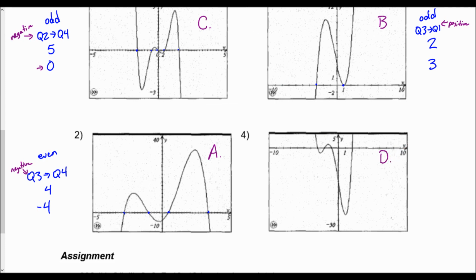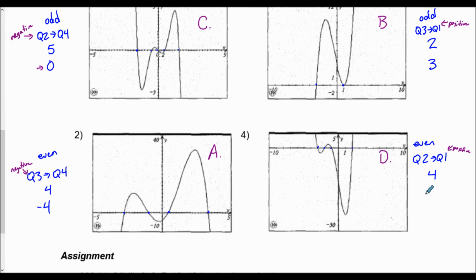But let's identify the key characteristics. It's starting and ending above the x-axis, which means it would have to be an even polynomial. Starting in quadrant 2 and going to quadrant 1, because it's ending positive, its leading coefficient would also have to be positive. This one has 1, 2, 3, 4 x-intercepts.